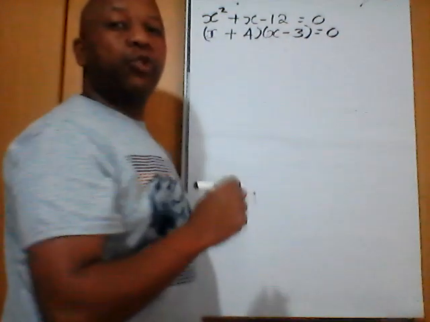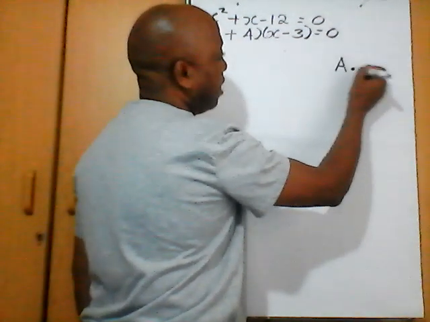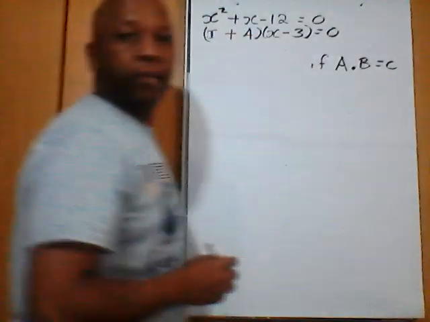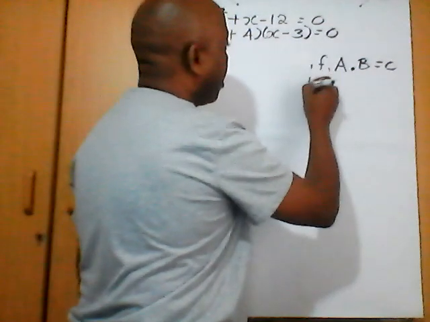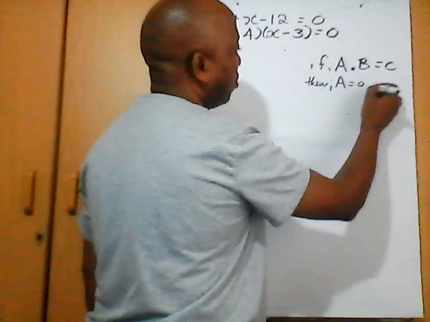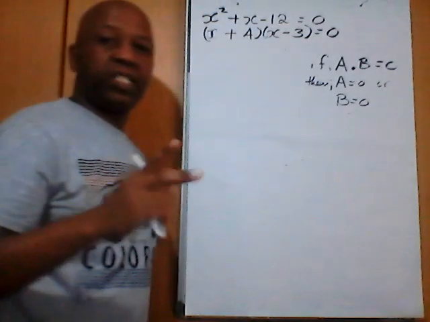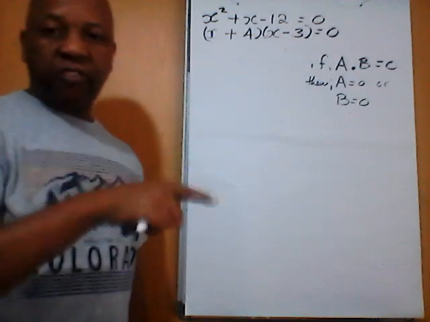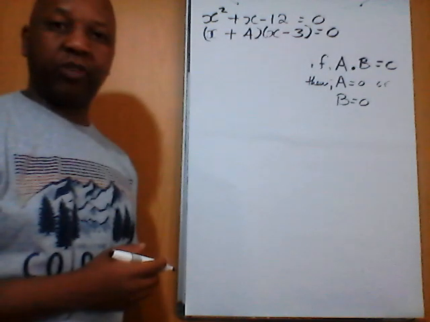If we multiply two things, a multiplied by b, if a multiplied by b is equals to 0, then either a is equals to 0 or b is equals to 0. If you multiply two factors and your product is 0, then one of your factors must be equals to 0. There's no other way you're going to get a product of 0.